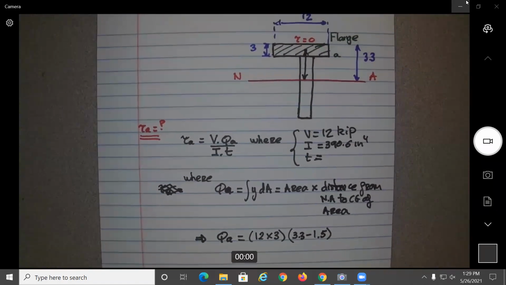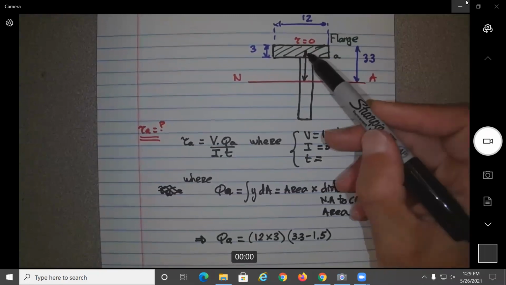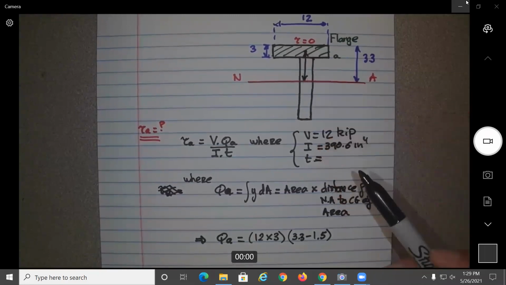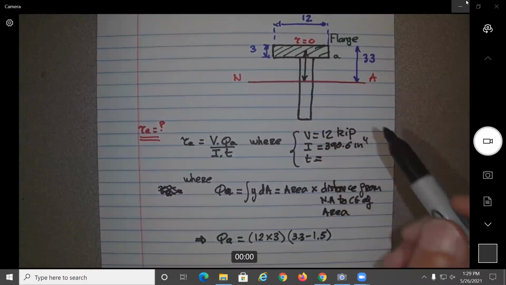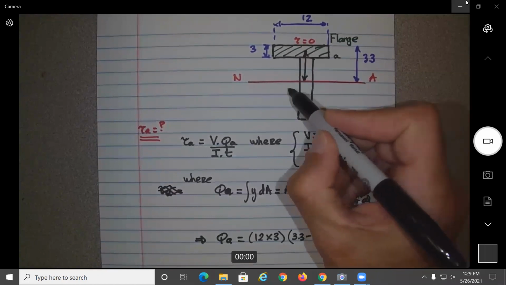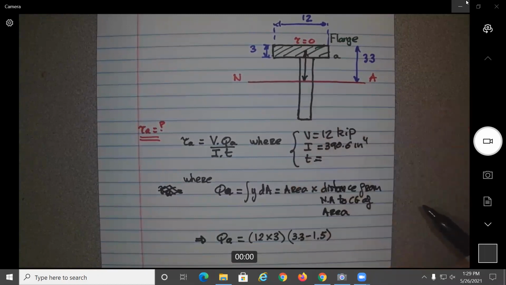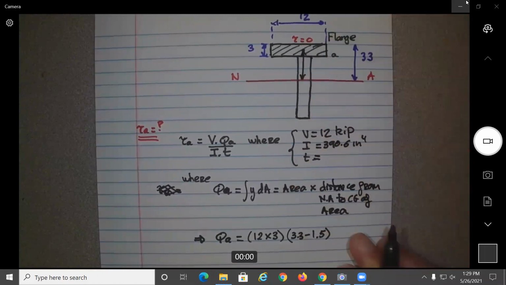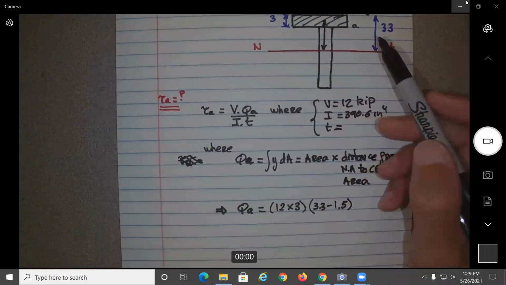Okay, so now let me ask you something. If we had to do the same thing here for the web, what would be the thickness? You'll probably tell me that the thickness is this one over here, no? Yeah? Okay, and that is what it is. So what is the thickness for the top one? It's not 3, what is it?